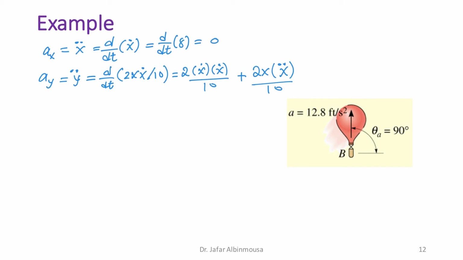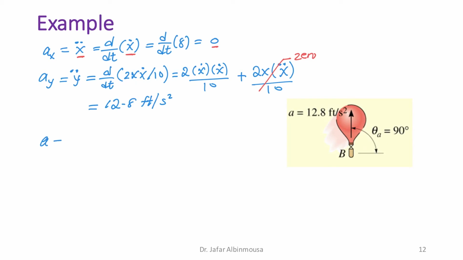Now clearly, since x dot is 8, then we got x double dot as 0. So this one is actually 0. And what we will end up with, substituting, is 2 multiplied by x dot again divided by 10. And this is going to give us 12.8 feet per second squared.